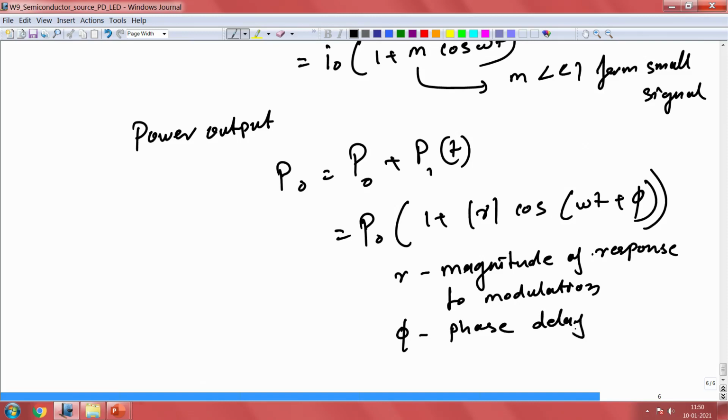This phase delay is primarily due to carrier lifetime. These are all the factors that determine your output power.